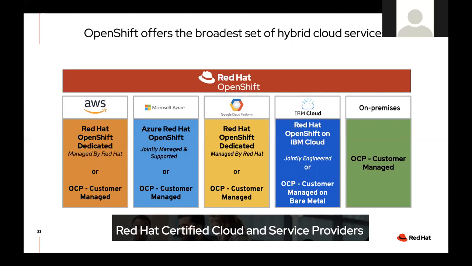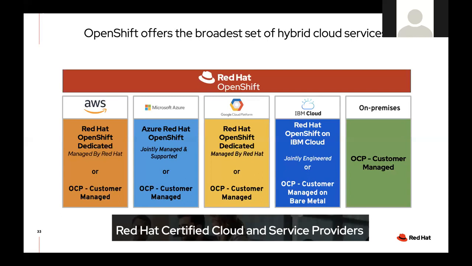Okay, so all these options are available on AWS, and same on Microsoft Azure. It's available both as a Red Hat OpenShift managed workload, or a combined Azure and Red Hat managed workload, or a customer managed workload. All of these options are available on the main players.